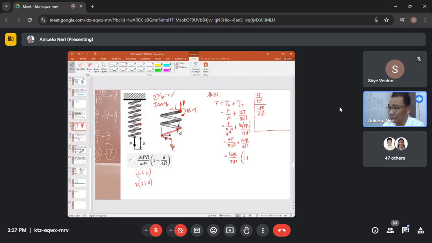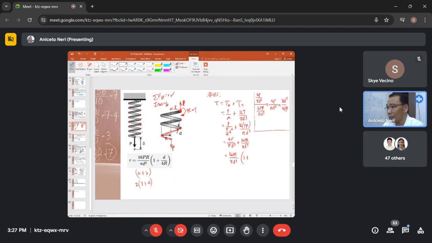So, kung awato na to high school, multiply, kini nga fraction, 4P over pi d square, and instead na i-divide, i-multiply, and reciprocal, you have pi d cube over 16PR.